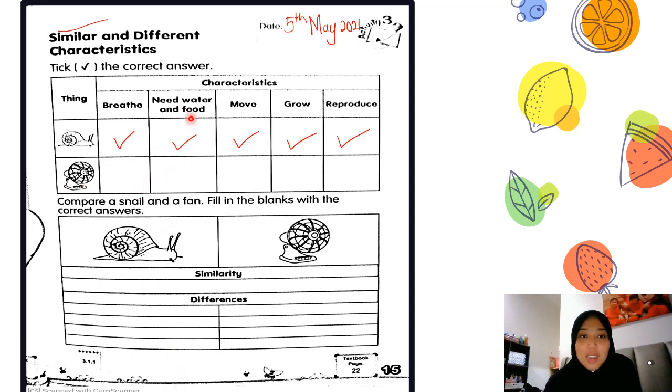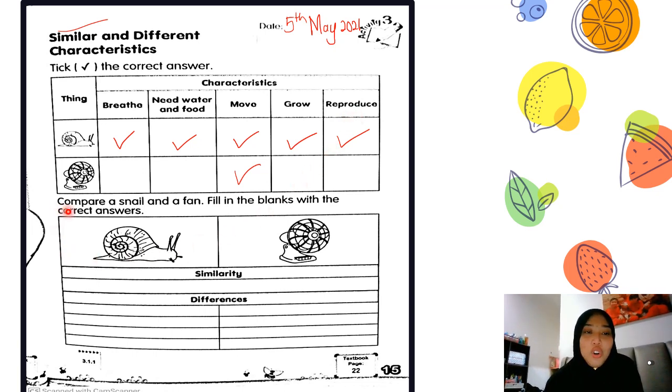Does the fan move? Adakah kipas bergerak seperti ini? Oh, bergerak tidak? Bergerak. So, you have to tick. Right. So, does the fan grow? Pernah tengok kipas membesar? No, isn't it? Does the fan reproduce? Pernah tengok anak kipas? No, isn't it?